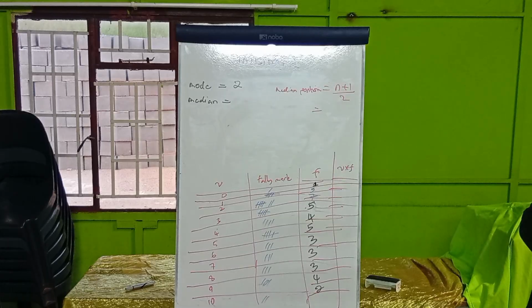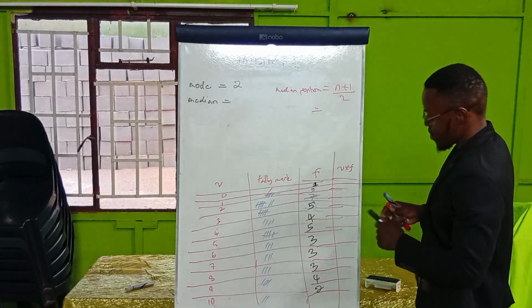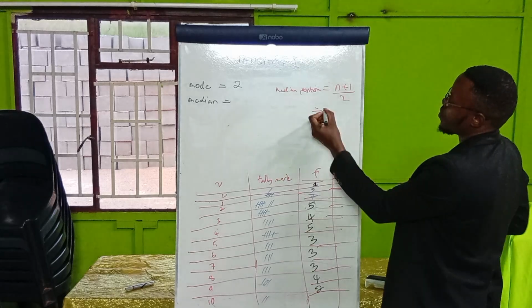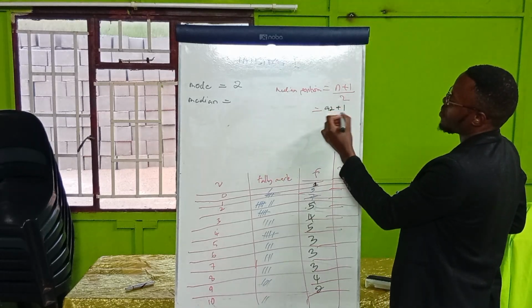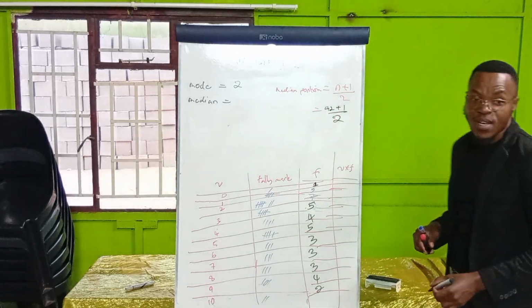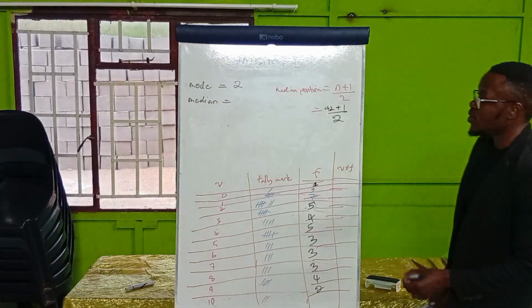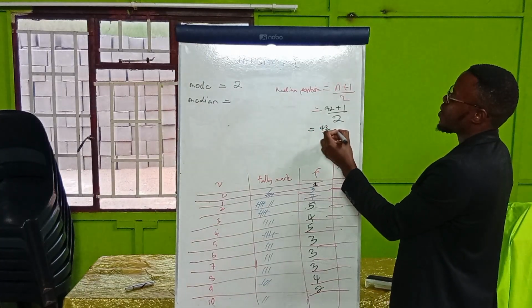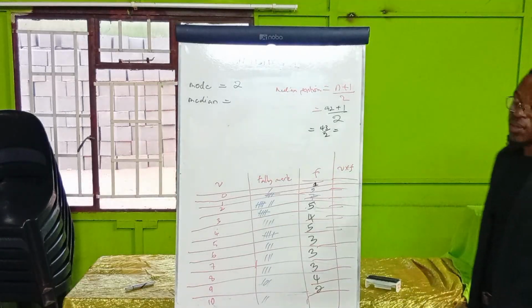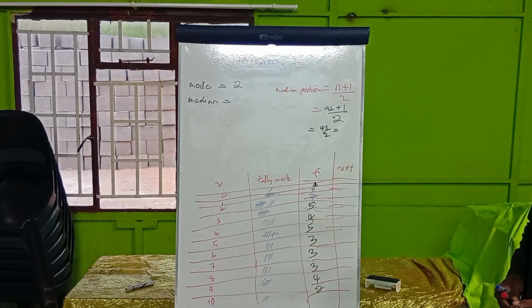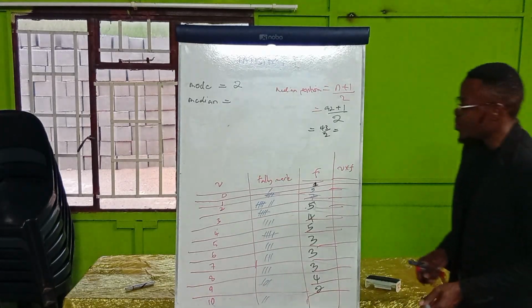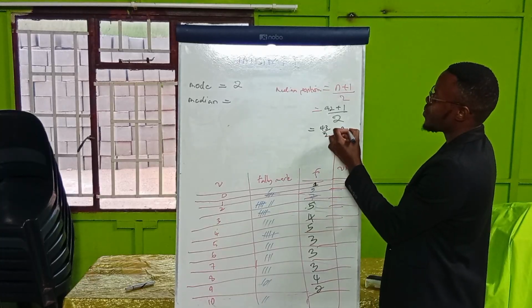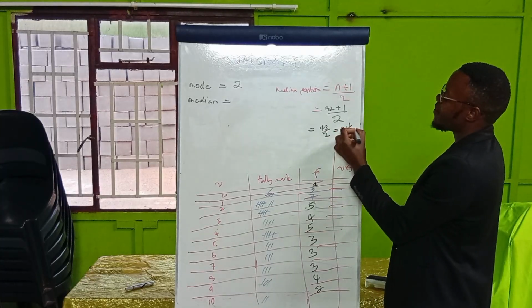42. Okay. So that would be 42 plus 1 over 2, which is 43 over 2. What will be the answer? 21.5, or 21 and a half.